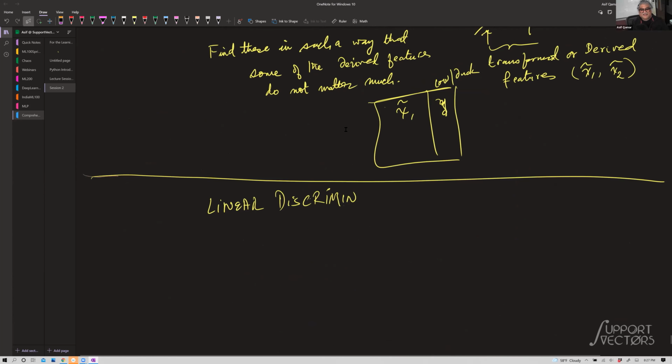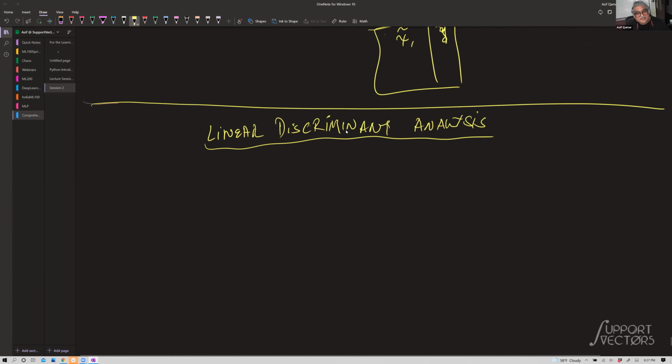So linear discriminant analysis. What happens with linear discriminant analysis is you assume, so now I will just take this again, I suppose I should reproduce the picture, but I won't reproduce it in its full glory.